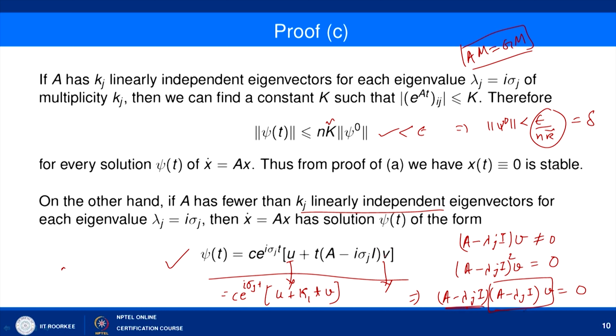By definition, v is a solution of (A minus lambda j I) whole square v equal to 0, and this I can rewrite as (A minus lambda j I) into (A minus lambda j I) v equal to 0. So this (A minus lambda j I) v is a constant multiple of the eigenvector u.